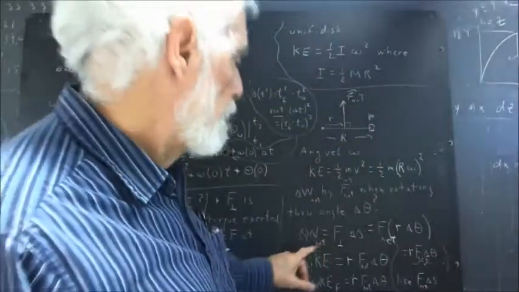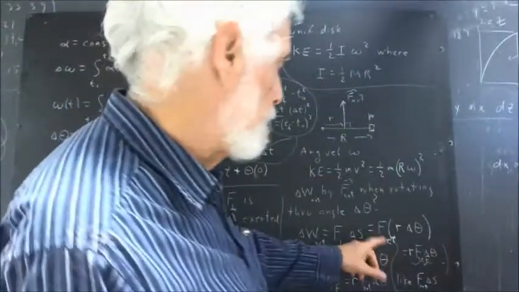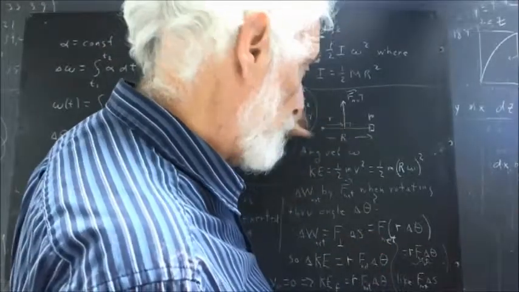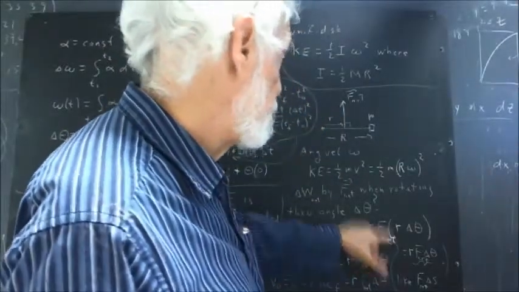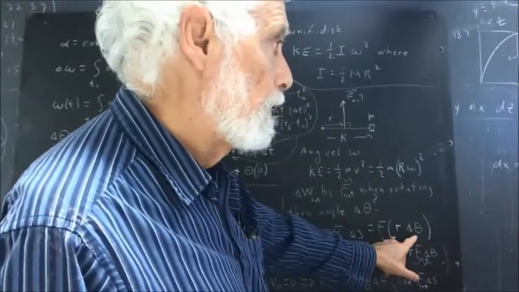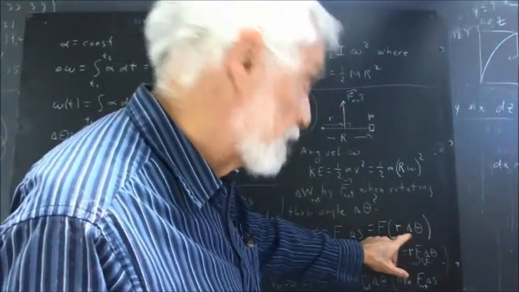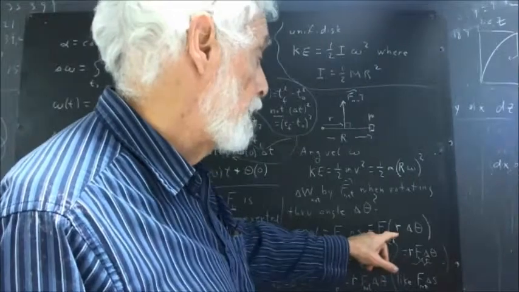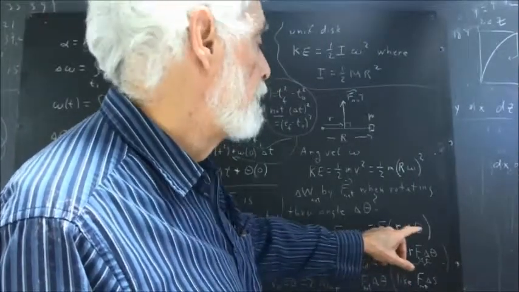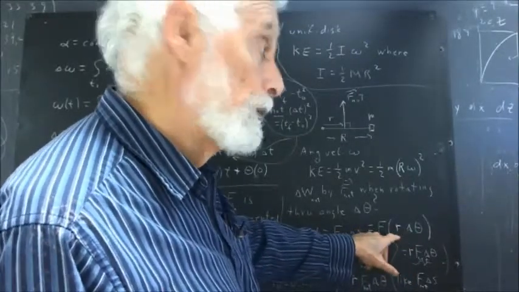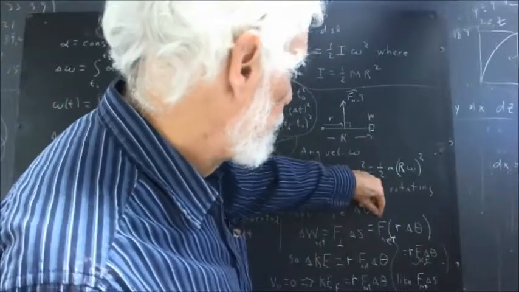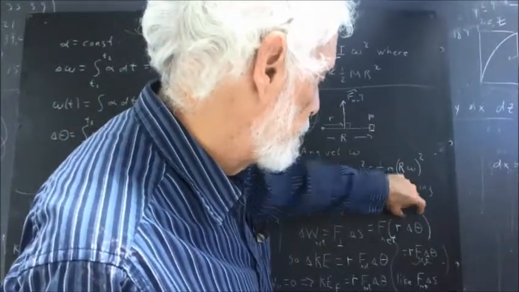So the work done by the net force is then just F net times the distance around that circle. The distance you go around the circle when the angular position changes by delta theta is just r delta theta, the number of radians multiplied by the radius, so the force is acting through this distance.